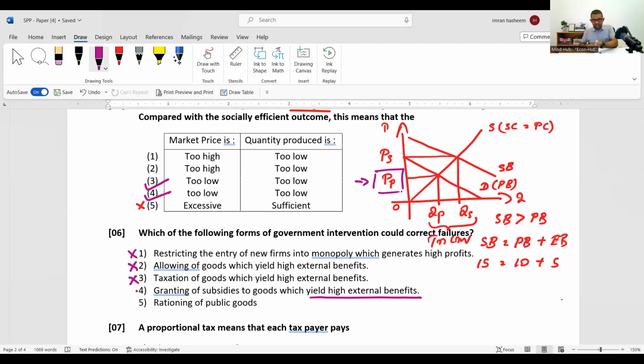That's when the market is creating something, but too little, so the government comes and rations that small quantity. Market doesn't produce public goods. There's nothing to ration. Government has to basically allocate resources and provide public goods. I hope you get the point there. Number 5 you have to think about carefully, otherwise it could mislead you into thinking it is the correct answer. Correct answer is number 4. Any questions? Rationing meaning the good has to be there.